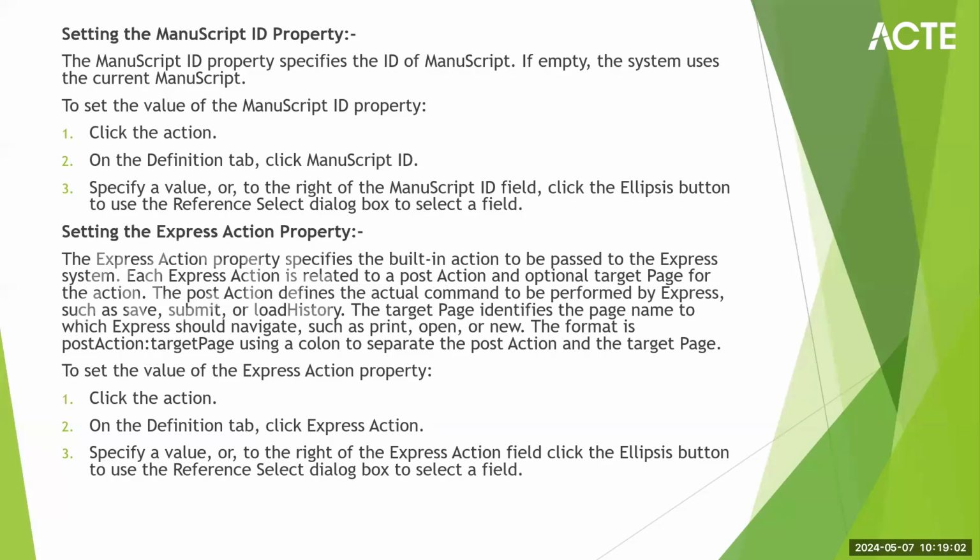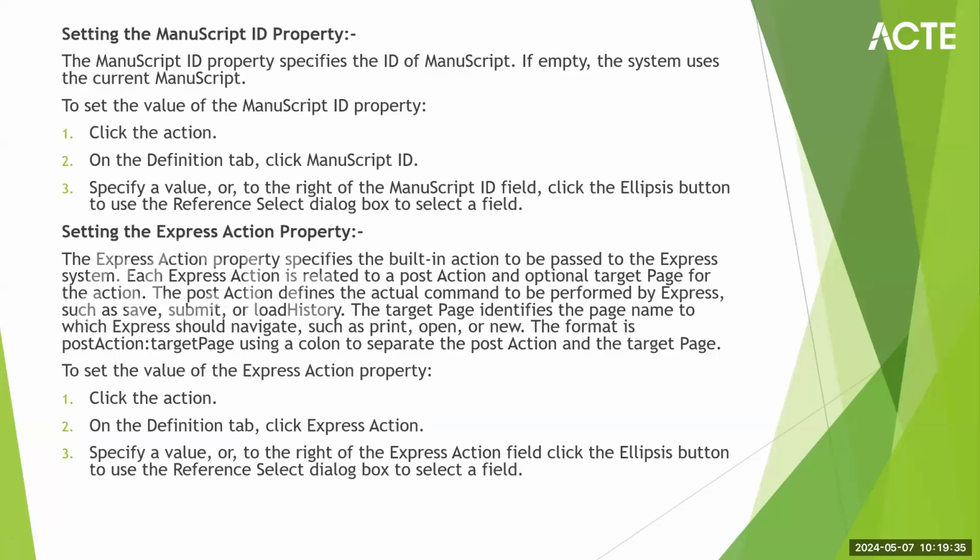If not, then the current manuscript is used for the remaining fields; by default, it will display the current manuscript details. So how do you do it? To set the value of the manuscript ID property, click on the action on the Definition tab, click Manuscript ID, specify a value, or you can map the respective existing field ID where you have already created a condition.